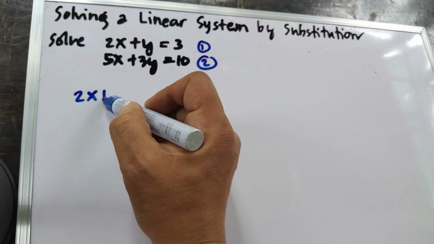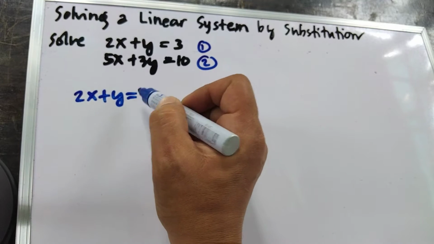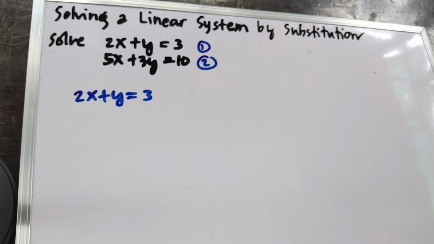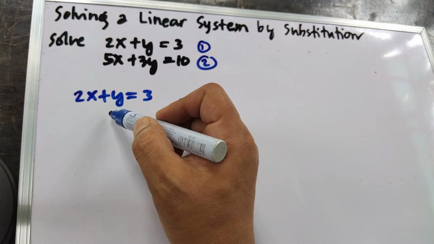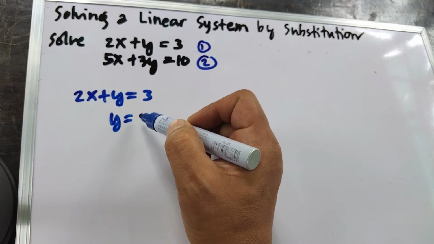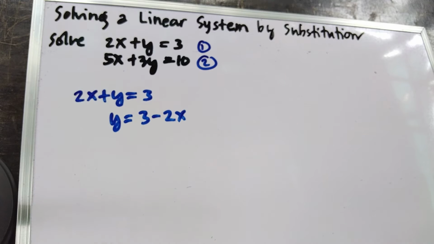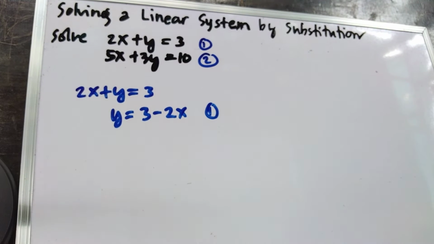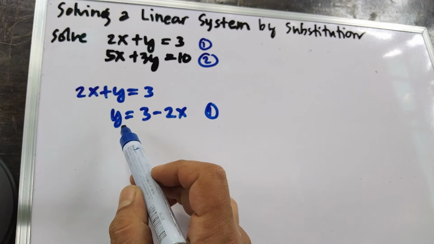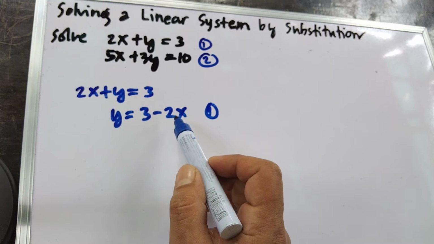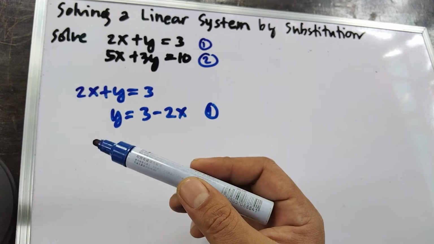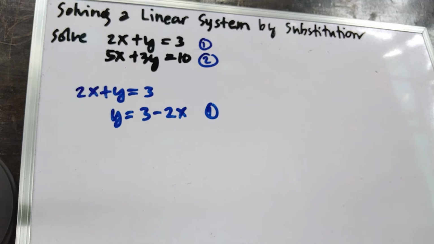From 2x plus y is equal to 3, we transpose 2x to the right side, so y is equal to 3 minus 2x. We solved y in terms of x. It's easy, class, if the coefficient of the variable is 1 or negative 1.